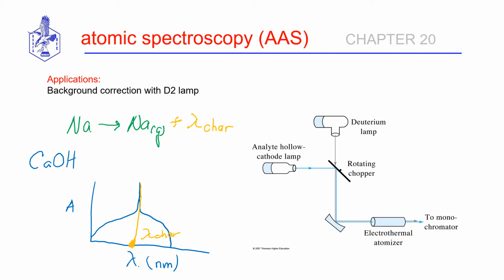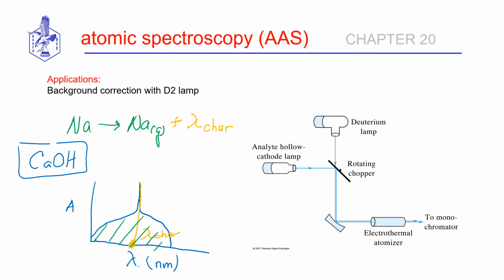But you will notice that if I have some interfering species in the flame that give rise to broadband absorbances in the visible spectrum, you can have this background absorption going on. So how do you get around that?